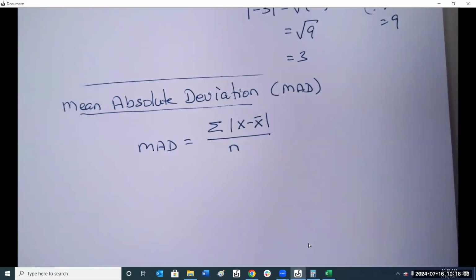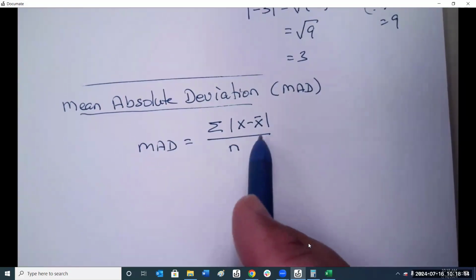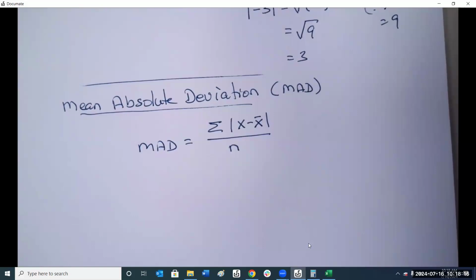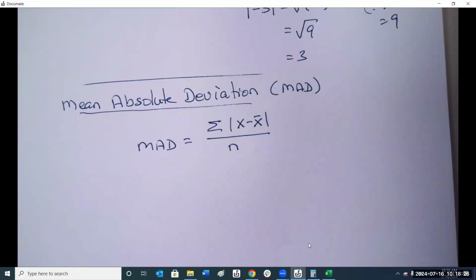For deviation, we don't have n-1 on the bottom. Because the n-1 helps us remove any possible errors we may have. But in this one, since we don't do anything else, just add them up and subtract, this is all we have. So if you're asked to find the mean absolute deviation, you use this formula.